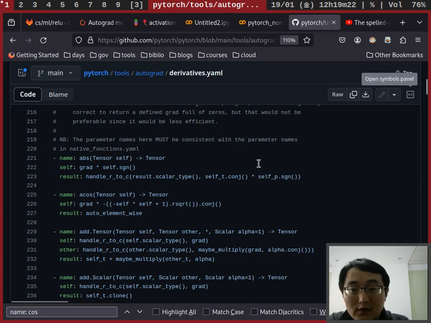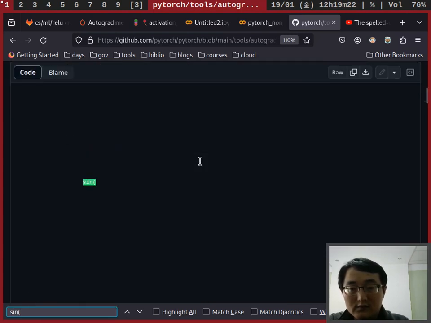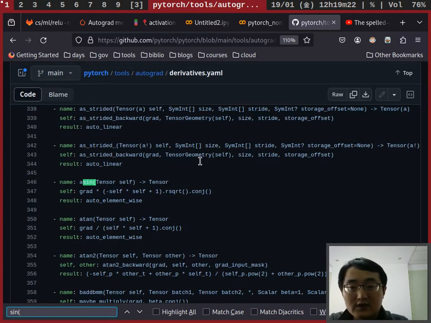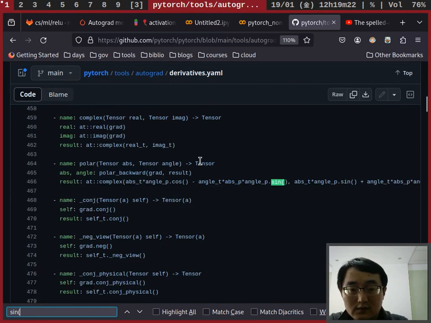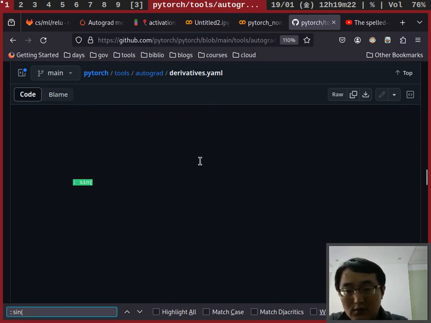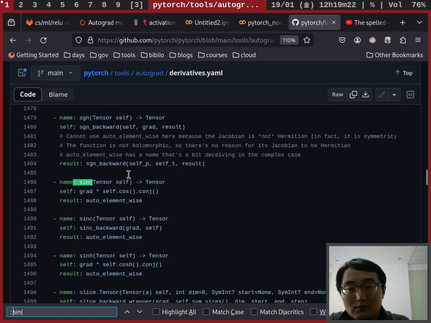Okay, so maybe let's look at some simple functions like sine, cosine. Yeah, here's the sine function.